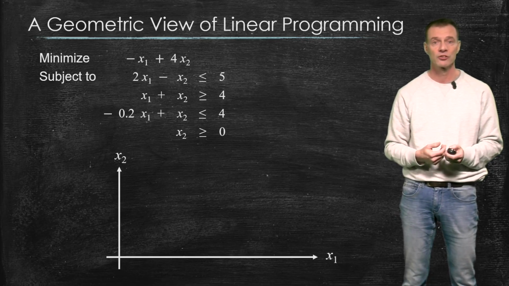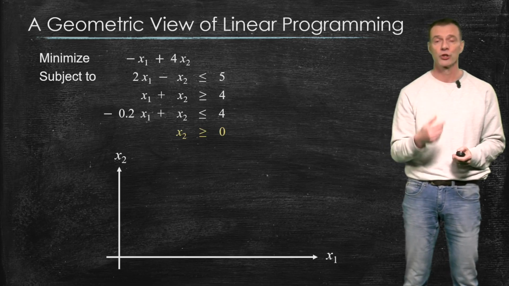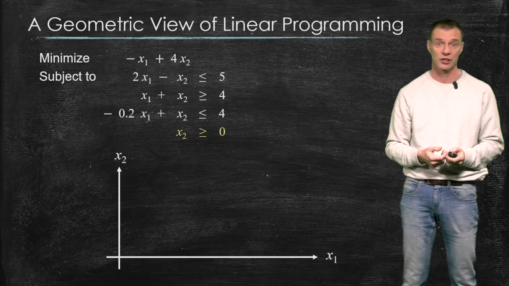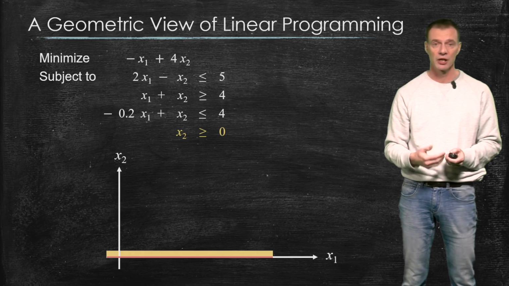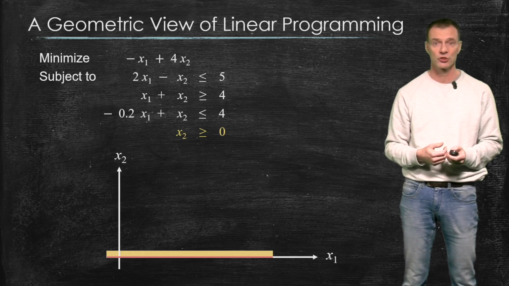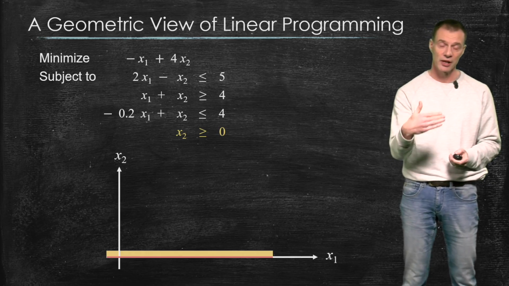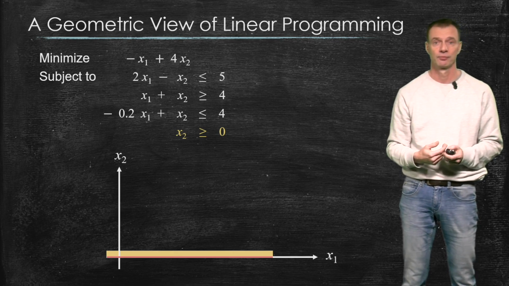Now, let's look at the constraints that we have. For instance, if you look at the bottom constraint, x2 is at least 0, that simply means that all the valid solutions must lie above the line x2 equals 0. So they must lie in this half plane. And something like that is true for all of the constraints.